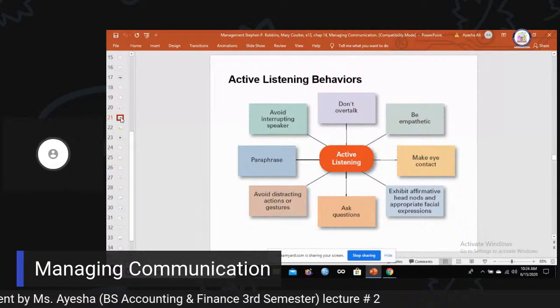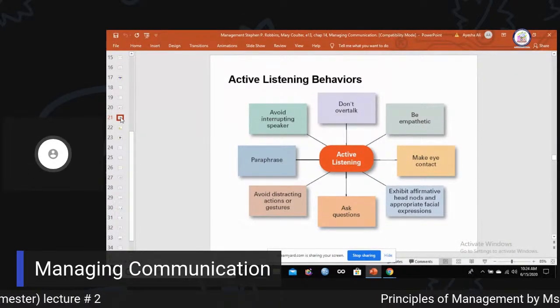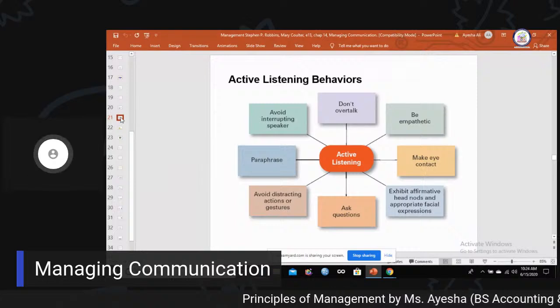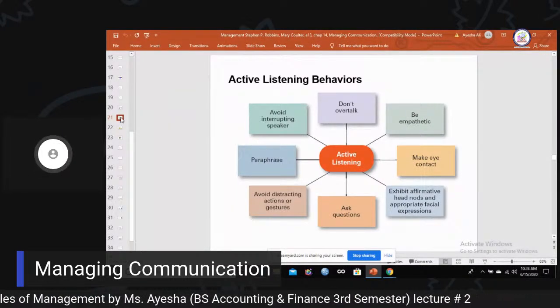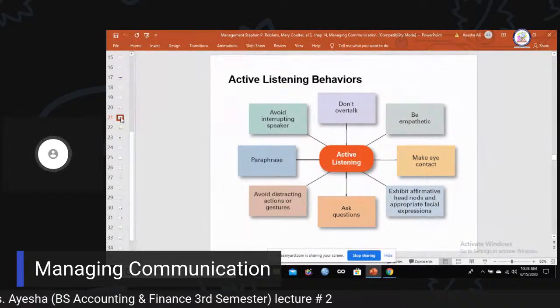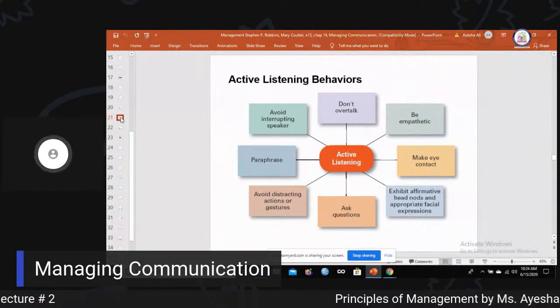And then we have to exhibit an affirmative head nod and appropriate facial expression, so the sender thinks that he or she is taking interest in my message, taking interest in my communication.